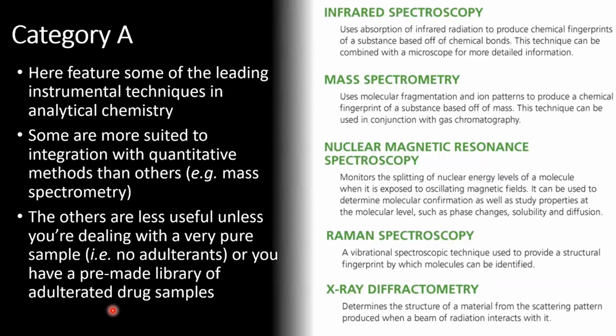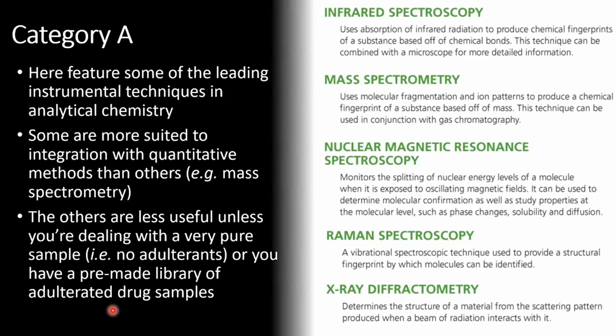Of these methods, some are more suited to integration with quantitative methods, so basically Category B methods, whereas others are not. The best example in the list is mass spectrometry, which can be interfaced with Category B methods, such as gas chromatography or liquid chromatography.